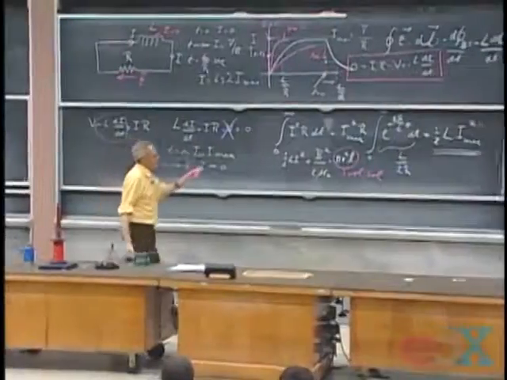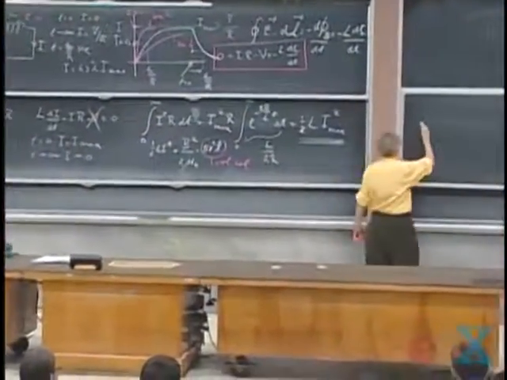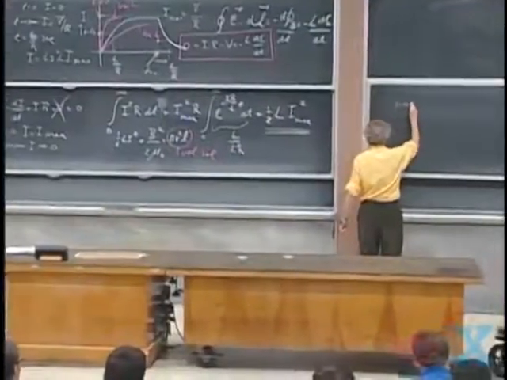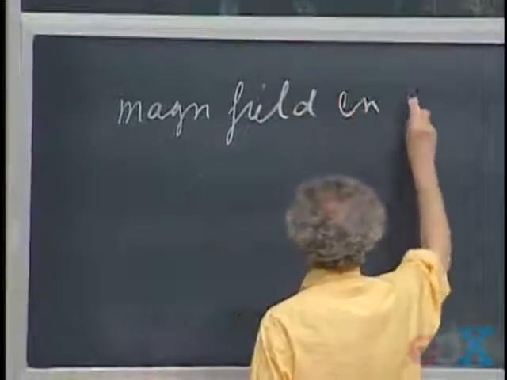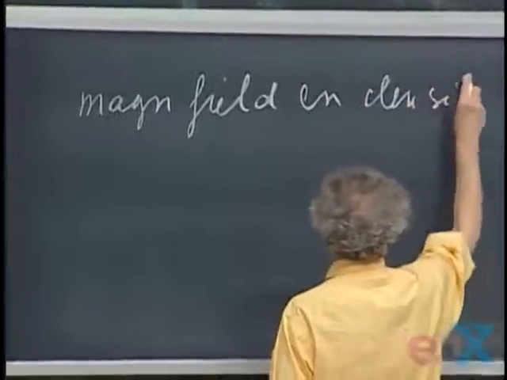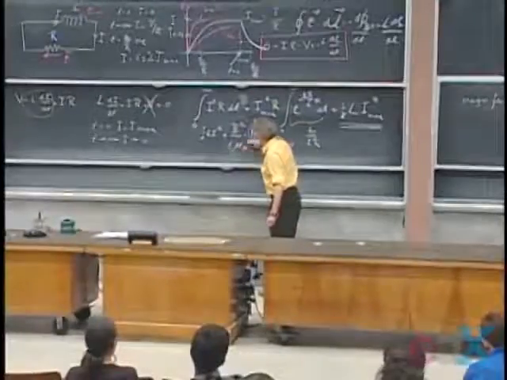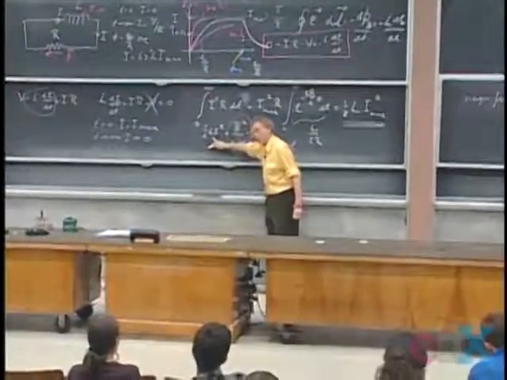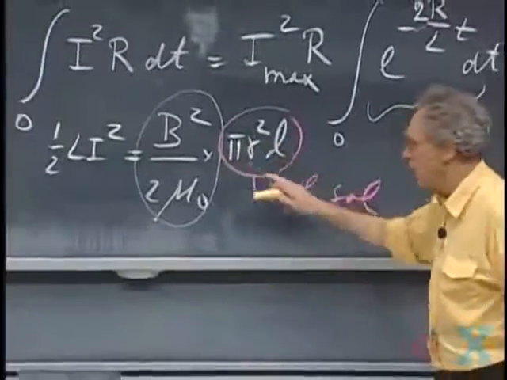And if you accept that, then you see that we now have a result for the magnetic field energy density, that is how much energy there is per cubic meter. That is, of course, this value. Because this is the total energy of the magnetic field, if we know the current, and this is the volume of the magnetic field.